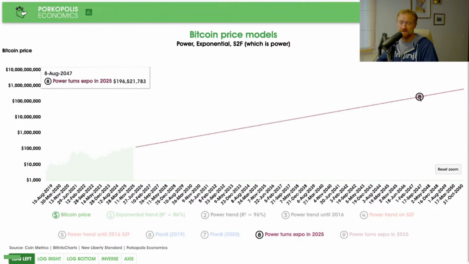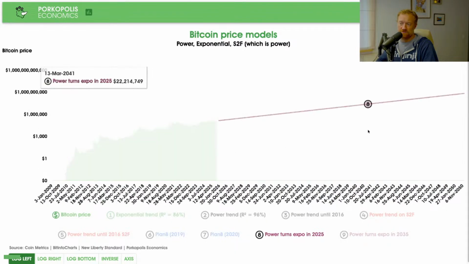So if Bitcoin sort of fails in this power curve trend math, it will fail into an exponential, which might not be a bad thing.